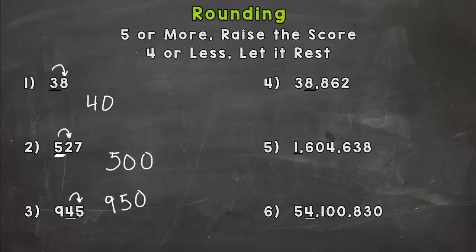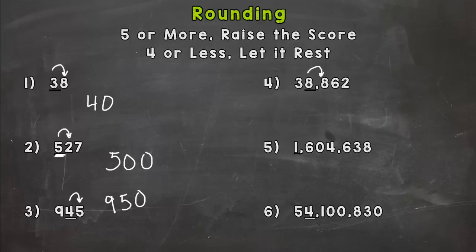So let's take a look at number 4 here. We have 38,862. What place is that 8 in, the underlined 8? Hopefully you're thinking the thousands place. So what we're doing here is we are seeing if this number is closer to 38,000 or is it going to round up to 39,000. So let's take a look next door.